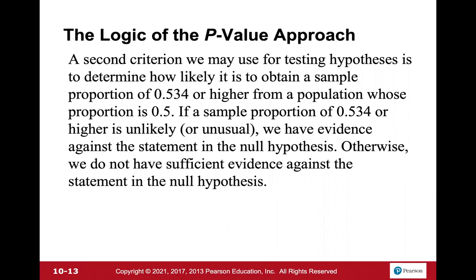The second criterion we may use for testing hypothesis is to determine how likely it is to obtain a sample proportion of 0.534 or higher from the population whose proportion is 0.5. If a sample proportion of 0.534 or higher is unlikely, we have evidence against a statement in the null hypothesis. Otherwise, we do not have sufficient evidence against the statement in the null hypothesis.